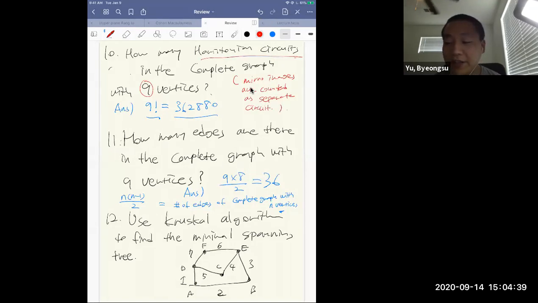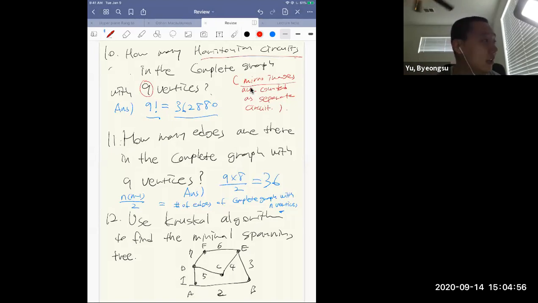But otherwise, if I want you to calculate the Hamiltonian circuits where mirror images are not counted as separate ones, then I will definitely mention that in the problem.